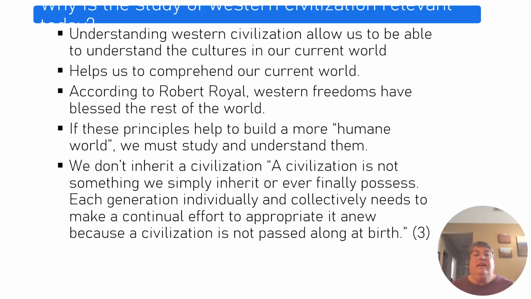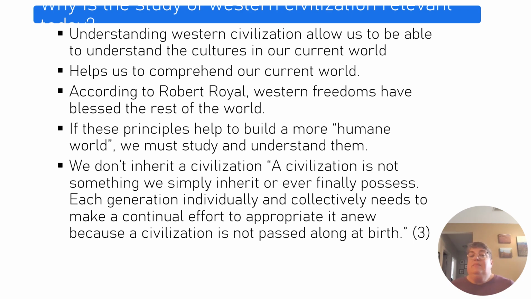And he stated this, he said, we don't inherit a civilization. A civilization is not something we simply inherit or finally possess. Each generation, individually and collectively, needs to make a continual effort to appropriate it anew because a civilization is not passed along at birth.